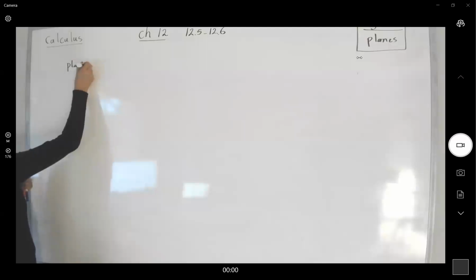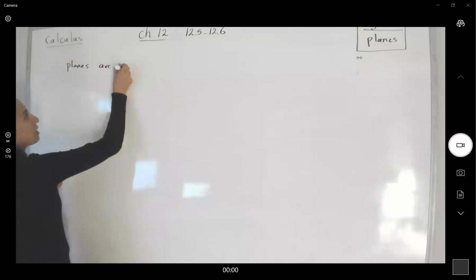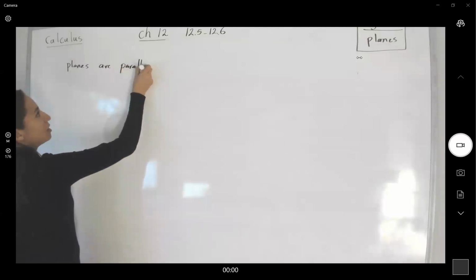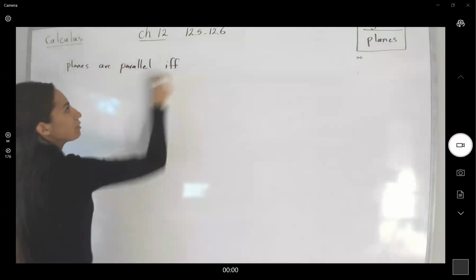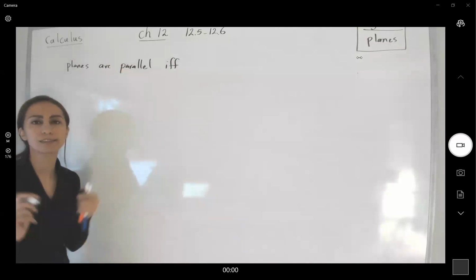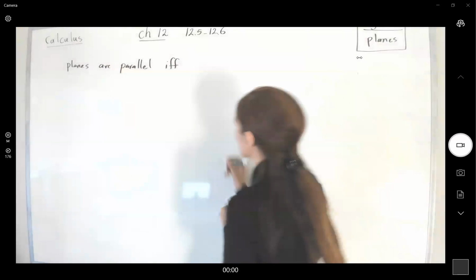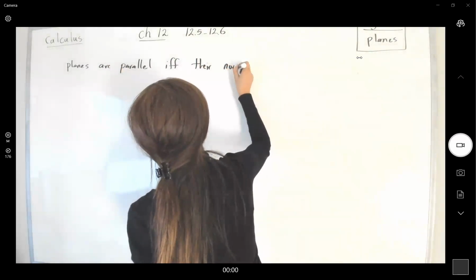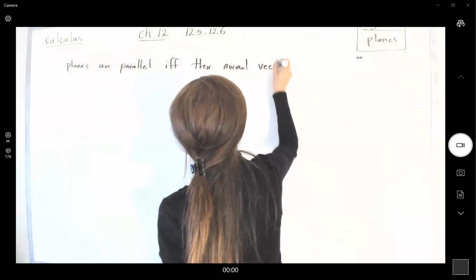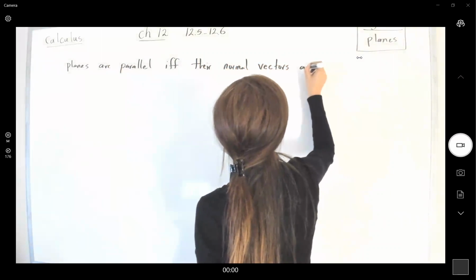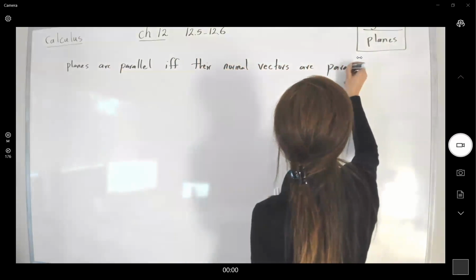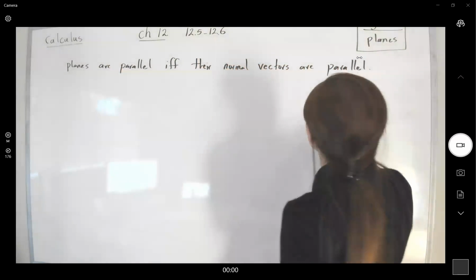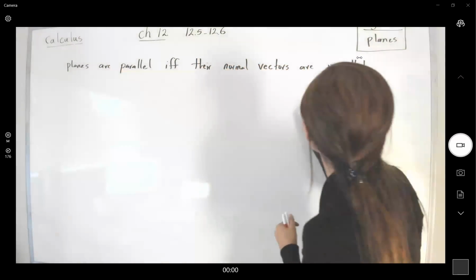Planes are parallel if and only if their normal lines, normal vectors, are parallel to each other. Their normal vectors are parallel. So you have two planes.